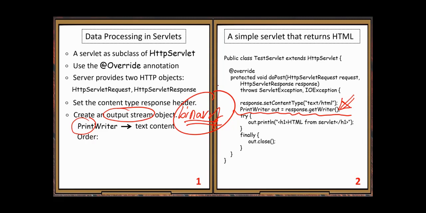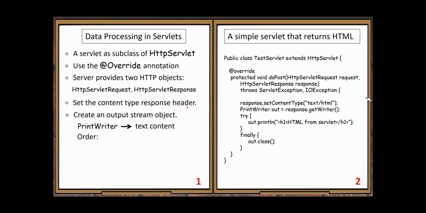Now another thing you need to pay attention to is the order. The order you do things in your code is important. You should set the content type first, then create the output stream object. When you create the output stream object, the content type header can be entered in this stream object.